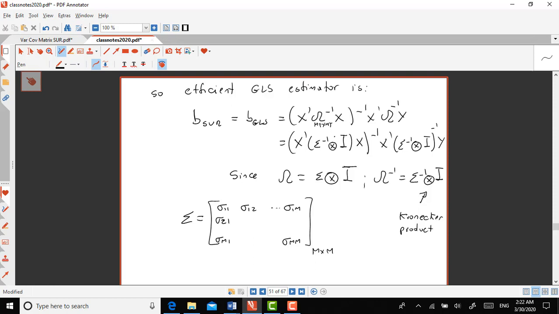To apply this estimator, we'll have to calculate the inverse of a matrix that is nT by nT. Let's say you have 10,000 observations and 10 equations; that matrix would be 100,000 by 100,000. Calculating the inverse of a matrix that's 100,000 by 100,000, even with today's computers, is a very difficult task.